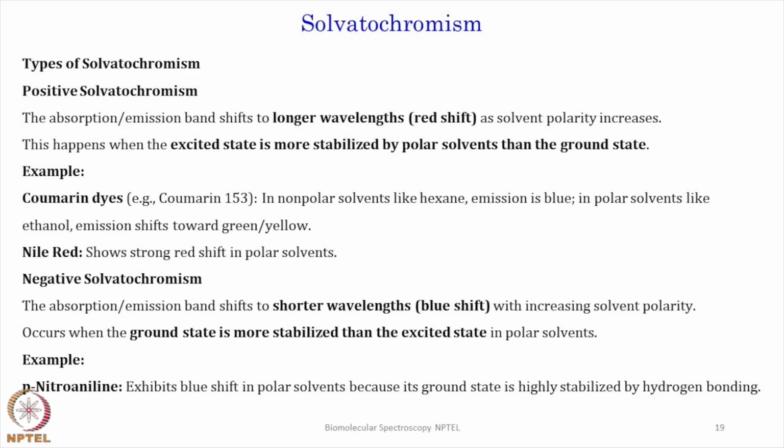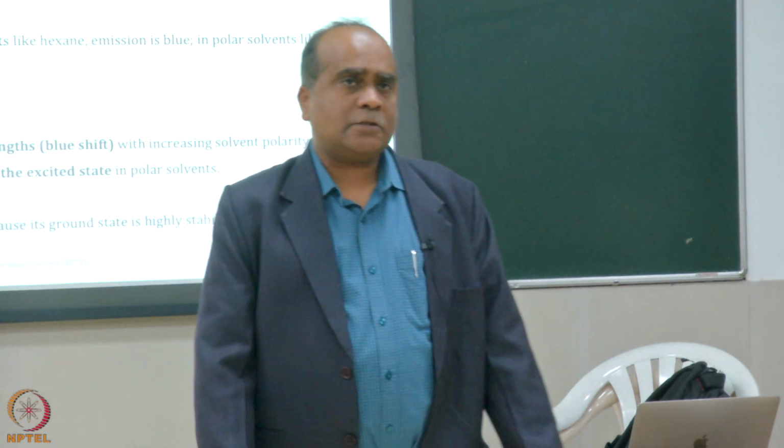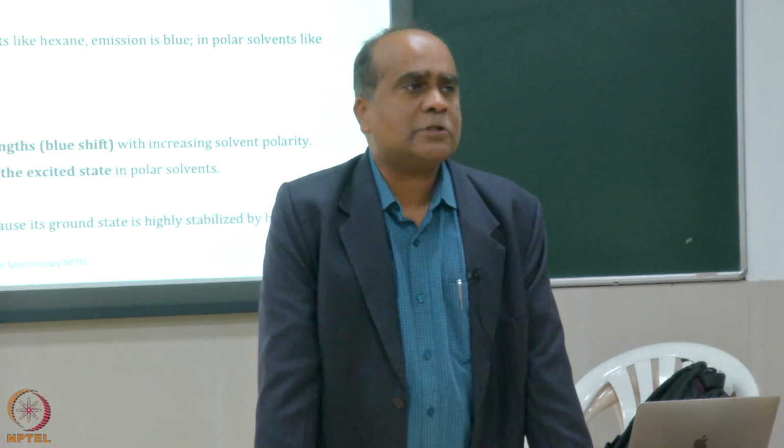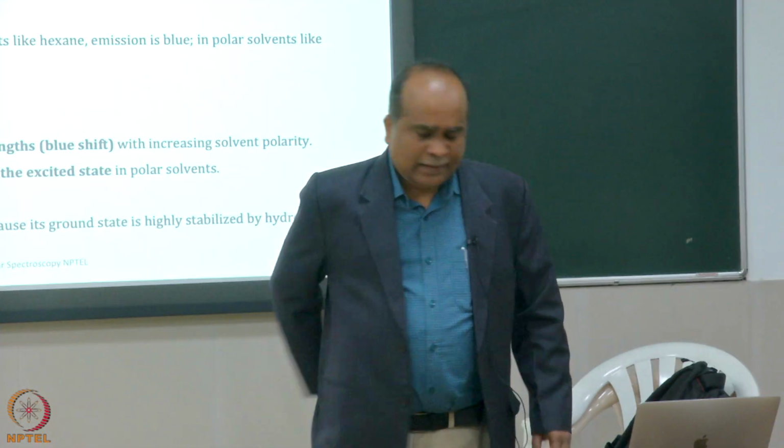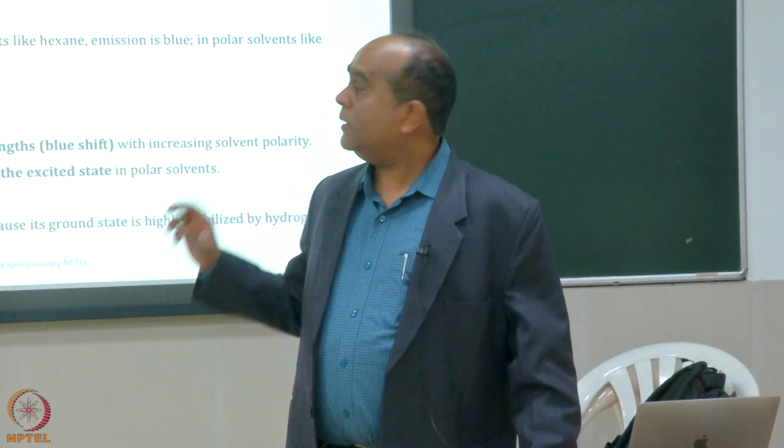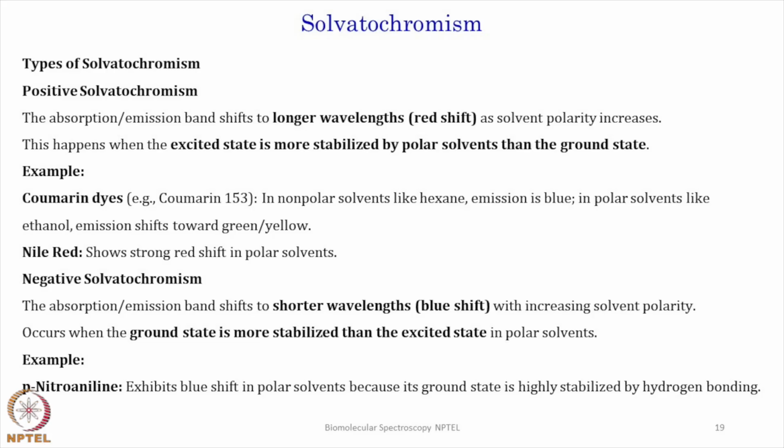It depends upon the solvent, and some of the fluorophores, how they behave, I will take up, but before I go there, let me stop for a moment and take any question that you may have, right. So, there are two kinds of solvatochromic effect, positive and negative.